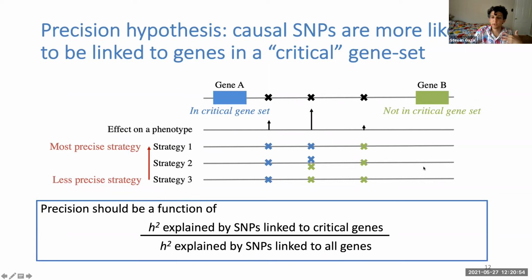When we generalize this and aggregate the signal across the whole genome, we have the intuition that the precision can be computed as a function of the heritability explained by SNPs linked to critical genes divided by the heritability explained by SNPs linked to all genes. Ultimately, a very precise annotation should maximize this ratio.